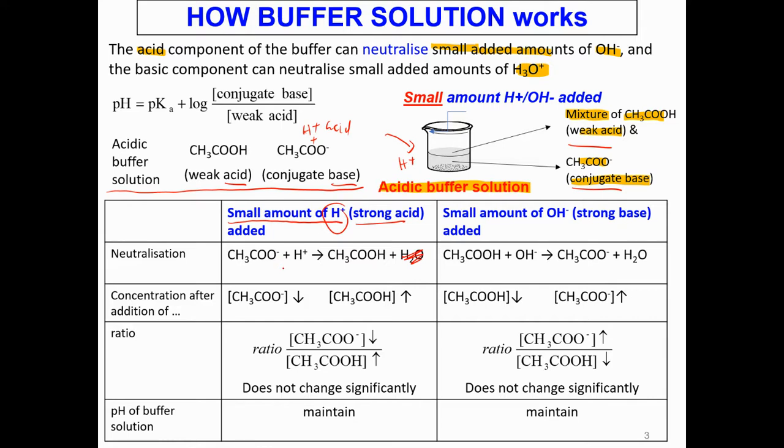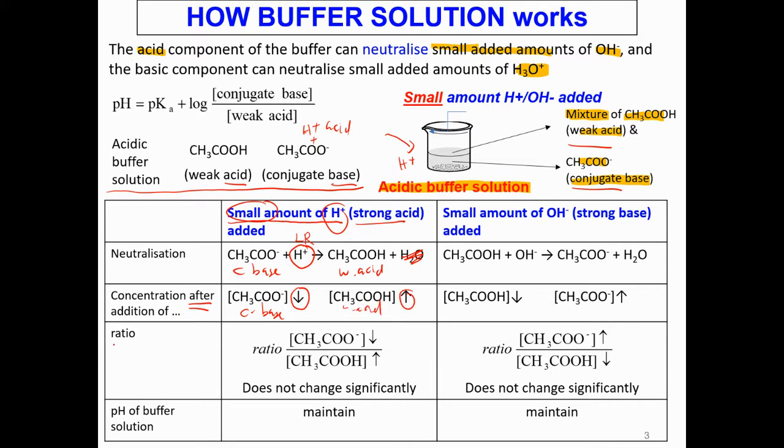Now, H+ will be completely consumed because it is a small amount, so it acts like a limiting reactant. Since the conjugate base is a reactant, the concentration of conjugate base will decrease after the addition of strong acid. The weak acid is the product, so its concentration will increase.